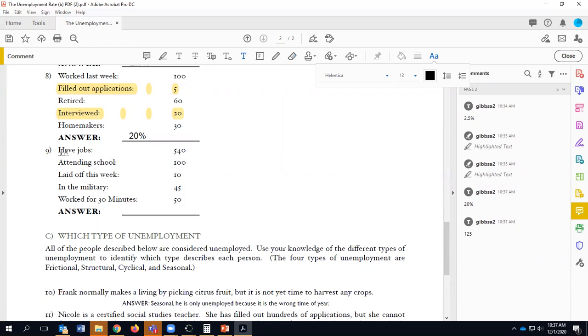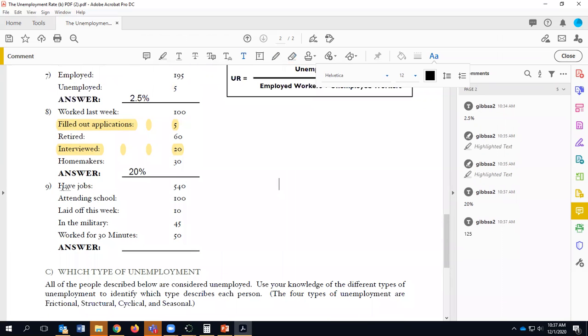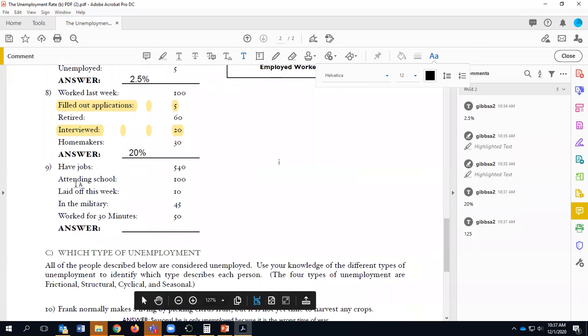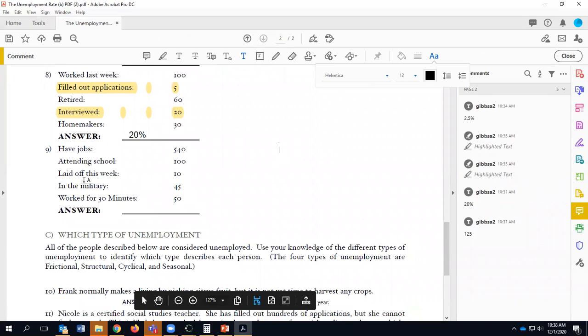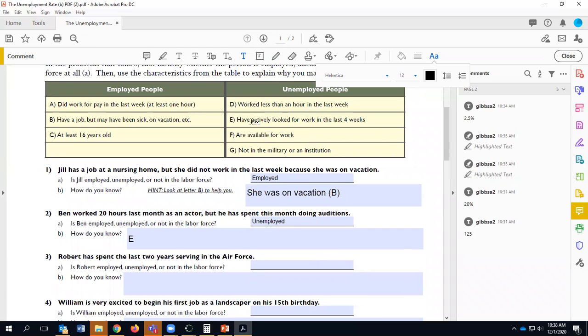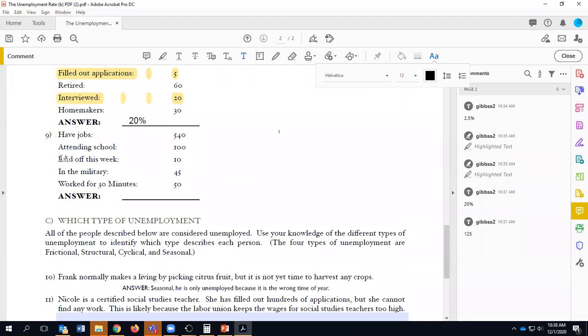So I'm not going to do the math with you for this one, but we'll look at who is actually working. So have jobs, those are your employed people. If they're attending school, are they unemployed? Does it say they're looking for work? No. If they've been laid off this week, have they actively looked for work? Have they worked less than an hour in the last week? So they're unemployed. So we're going to highlight them.